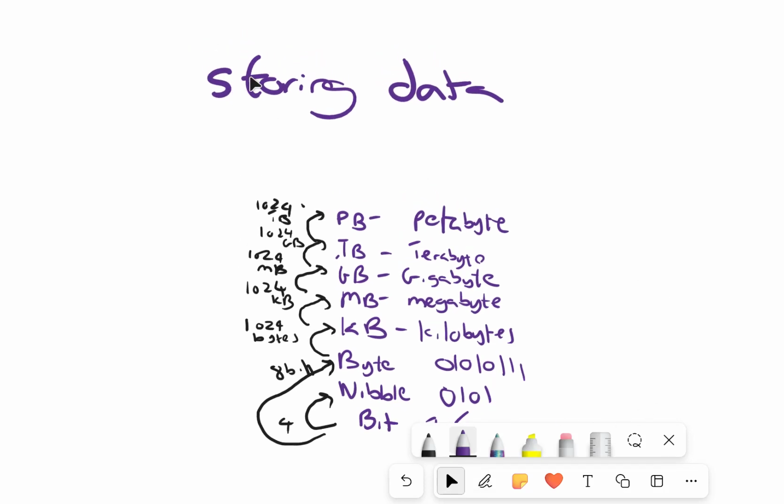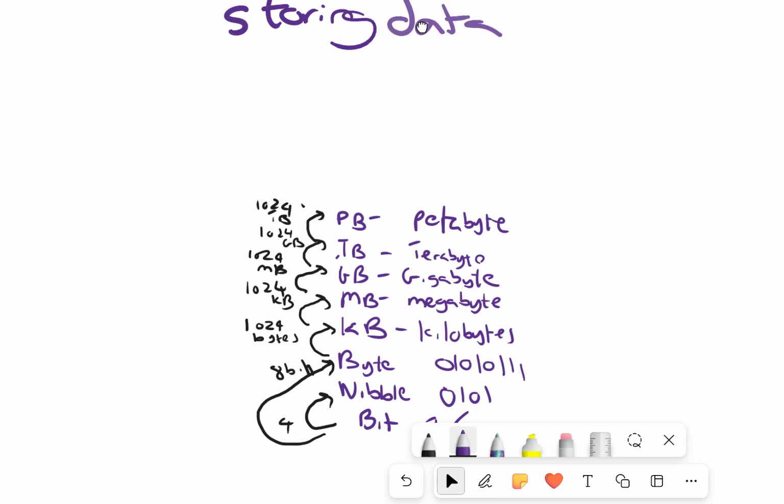We then have, yes, we are going even higher. So let me just move this up. We then have exabyte. So I'm going to do EB. Exabyte, and that is 1024 petabytes. We then have zettabyte.